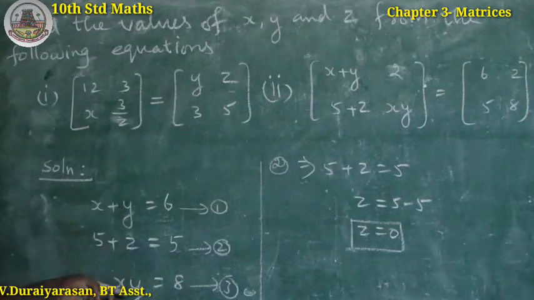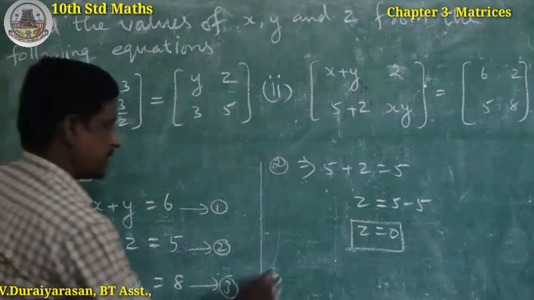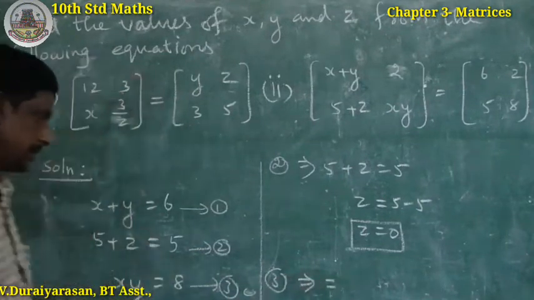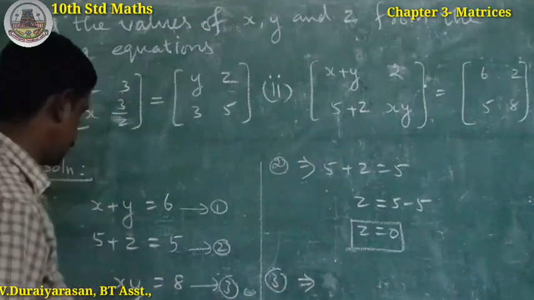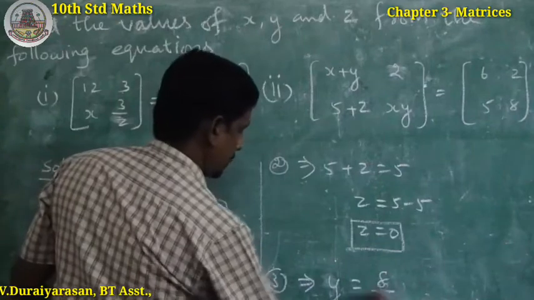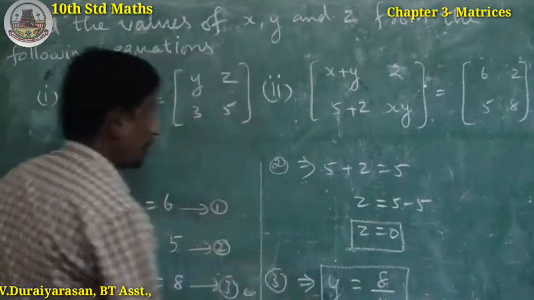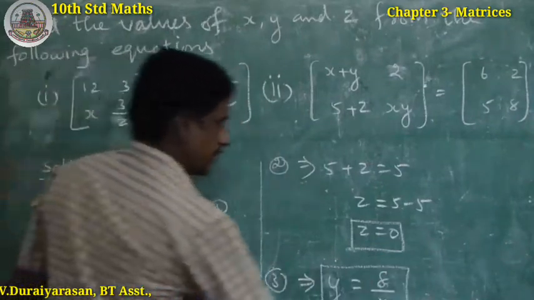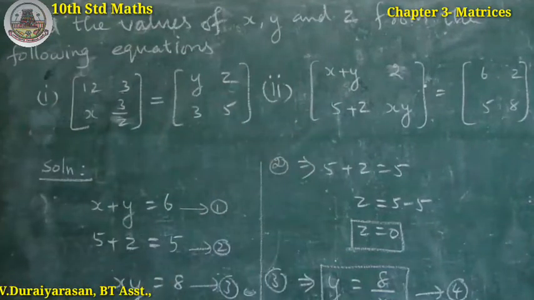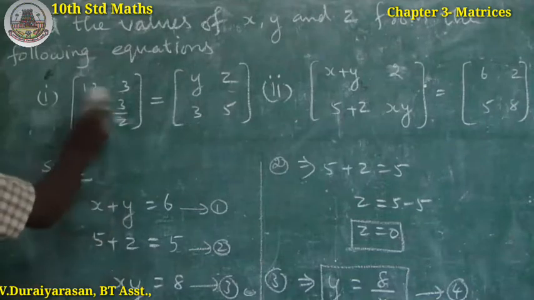Is not. So 3 implies that y equal to 8 by x. Equation number 4. Applying in 1.